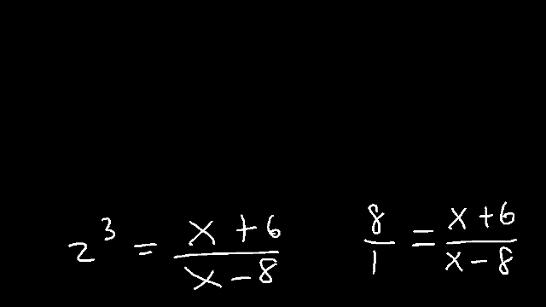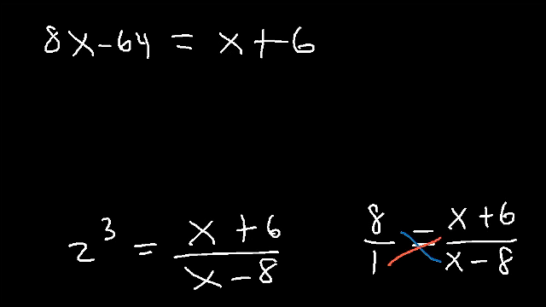So let's cross multiply. 8x minus 64, that's 8 times x minus 8. And then 1 times x plus 6 is simply x plus 6 on the other side. So let's subtract both sides by x, and simultaneously let's add 64 to both sides.